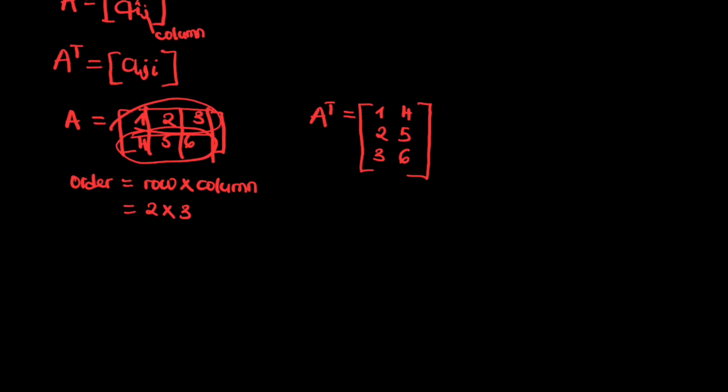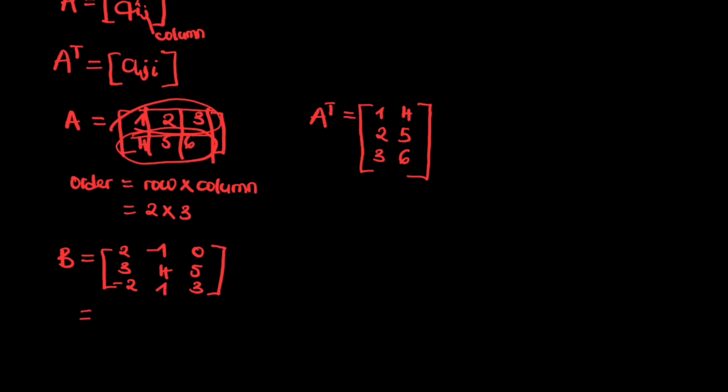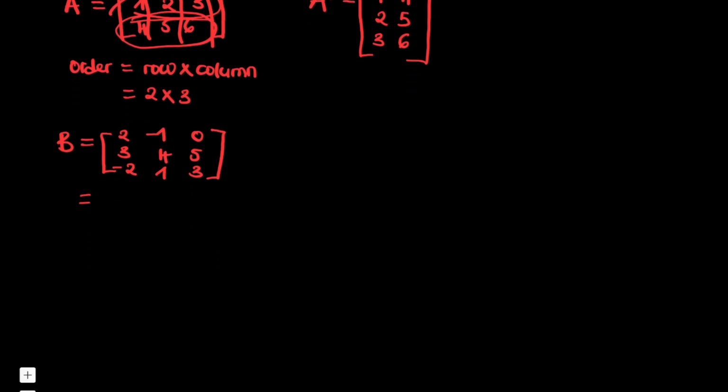so let us try another example. Let's say we have B. Let's say B is equal to 2, minus 1, 0, 3, 4, 5, minus 2, 1, 3. So the first thing, what is the order of this matrix?